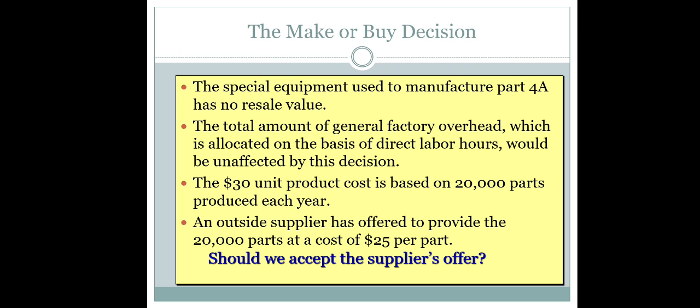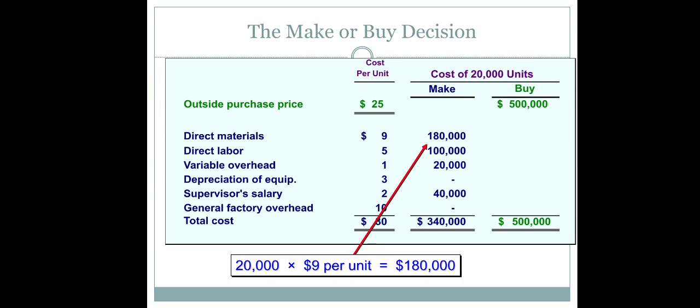Now, if you are a manager in a business, you have to analyze first. Then you can make a good decision. So let's see how to analyze this kind of decision.